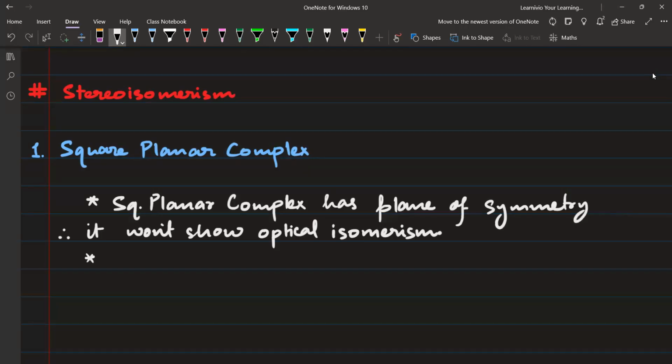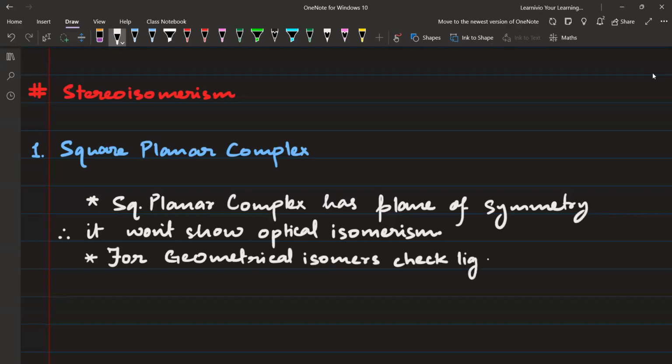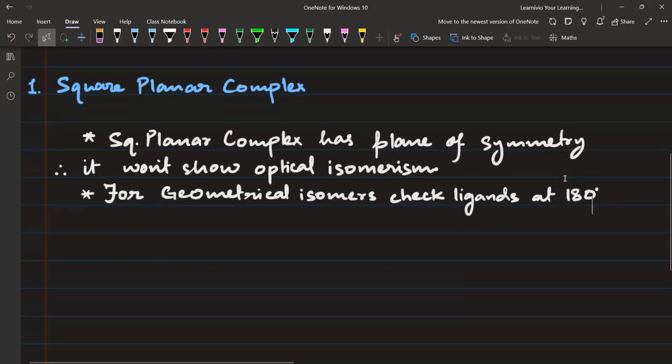Next point, for geometrical isomers, check ligands at 180 degree. What is the meaning of these things? I will explain it to you. But सबसे पहले आना चाहिए कि how to answer things, है ना?